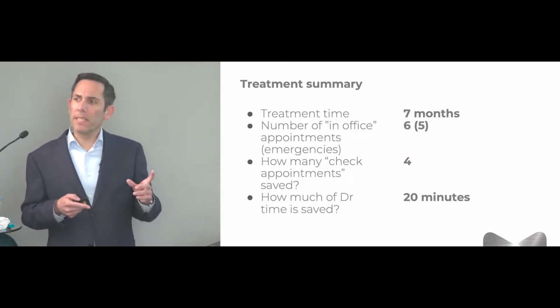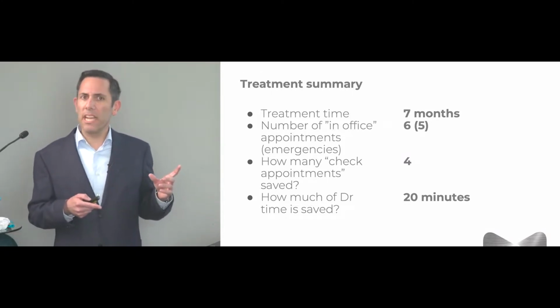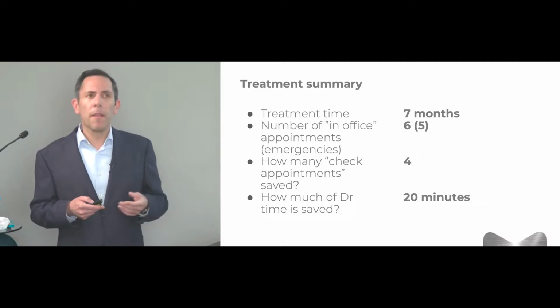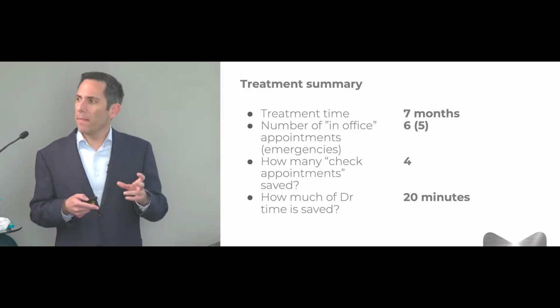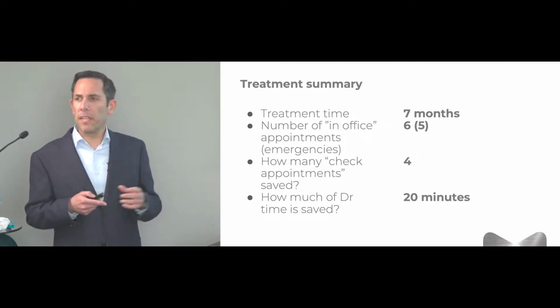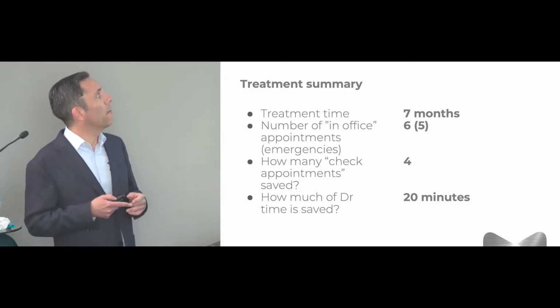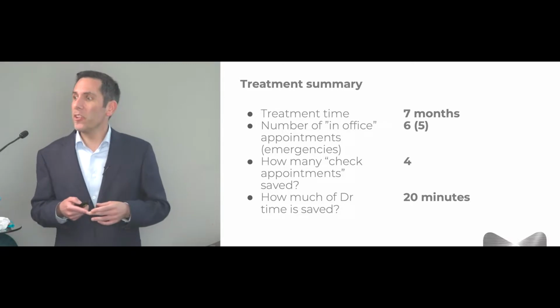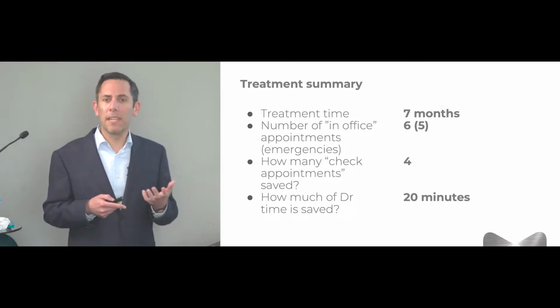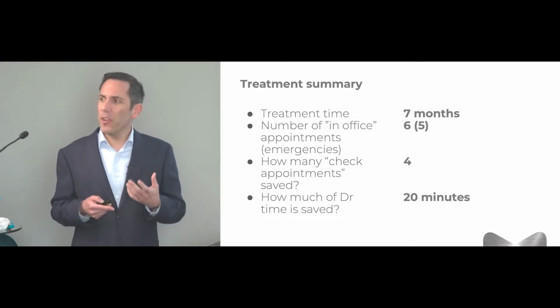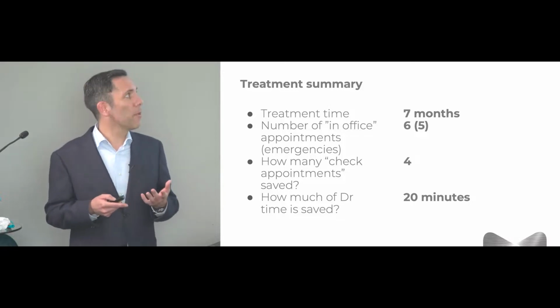Treatment time. The treatment time here is not until the finished case, because the case is still in treatment, but over the 7 months that I showed and shared with you, the patient had 6 in-office appointments, but 5 emergencies. So here it seems a lot, but if you exclude the emergencies, there's only 1 office appointment.